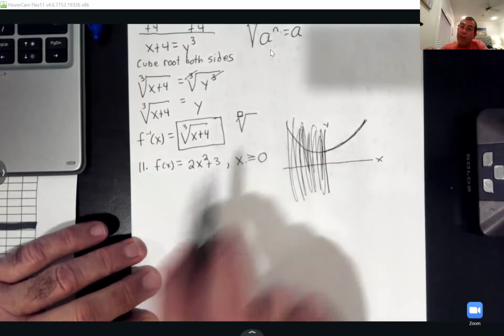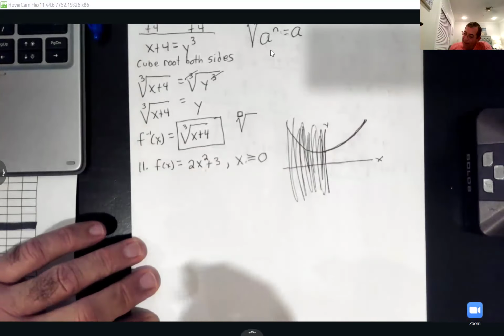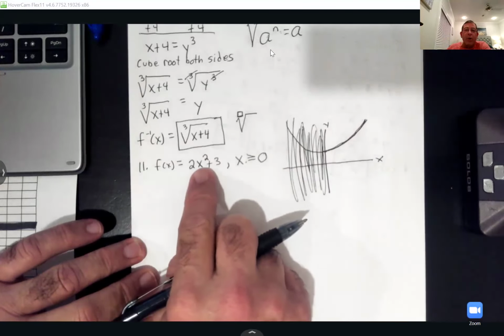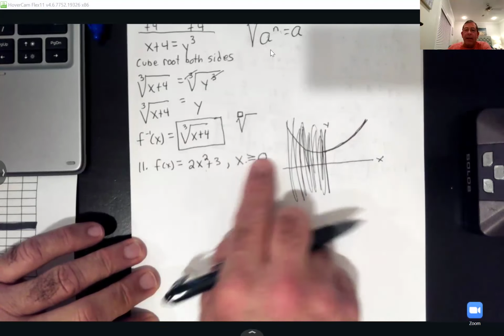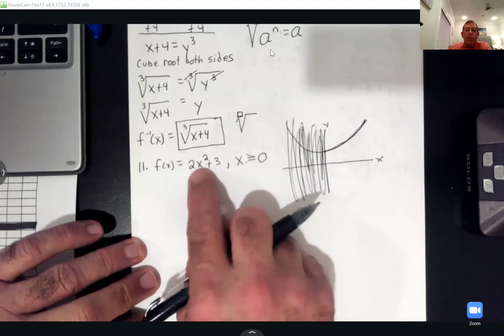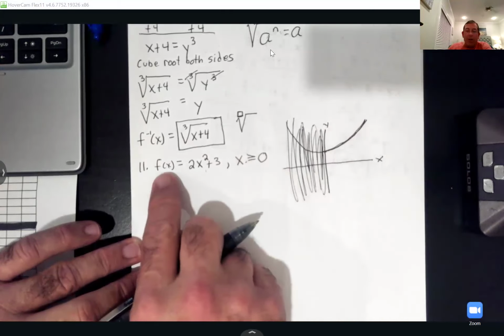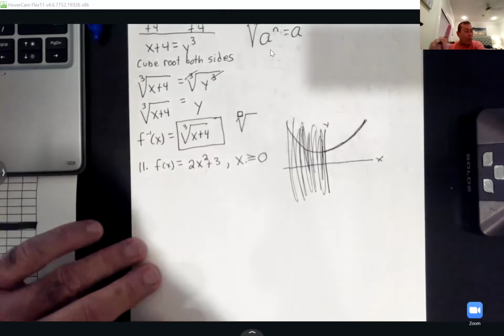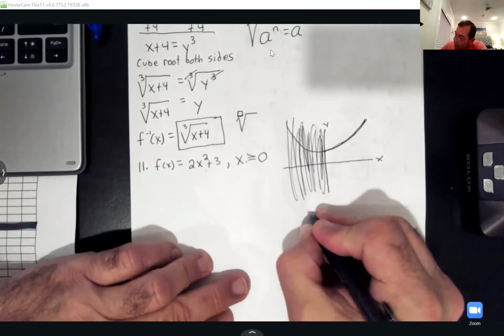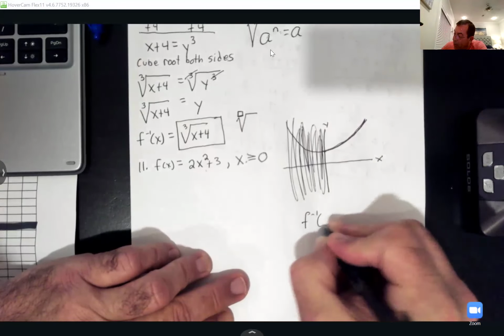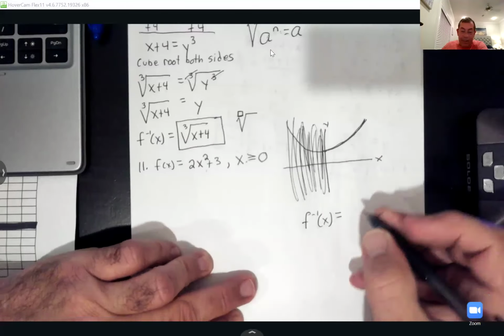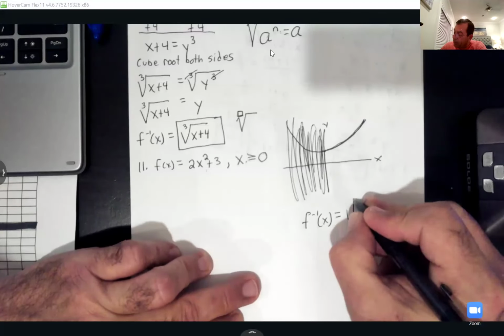So once again, I'd have put yes, it's one-to-one. Now, the function is the 2x squared plus 3. This has no bearing on the problem other than they restricted the x's, okay? So replace the f of x. Now watch this. MyMathLab gave us this much of the answer.